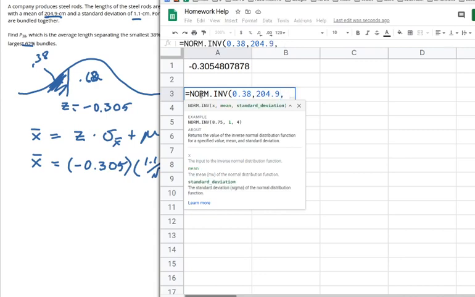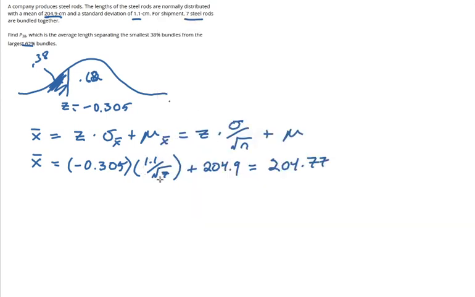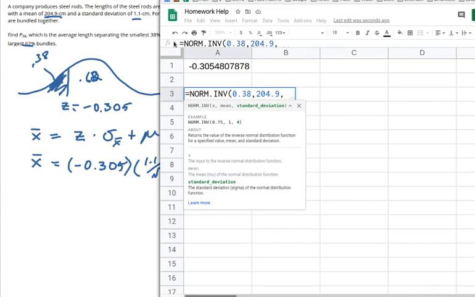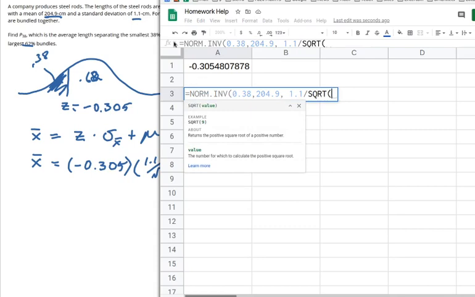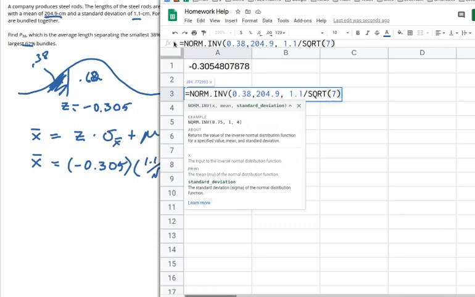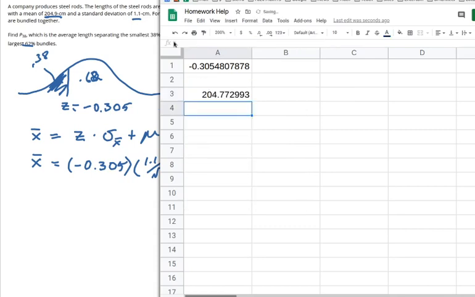The standard deviation, and again, I have to be careful, I'm using the standard deviation for x bar, not the standard deviation as it's given. So I have to do 1.1 divided by the square root of 7. And in one fell swoop, it gives me the correct answer, 204.77.